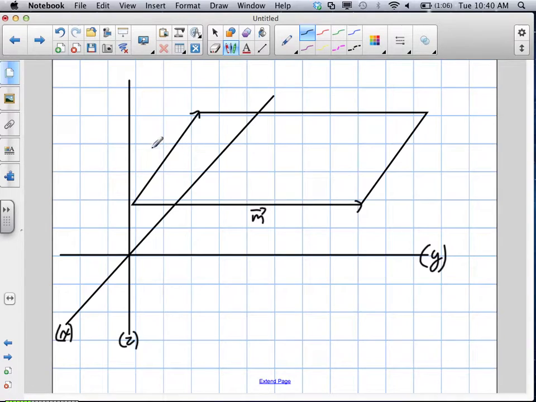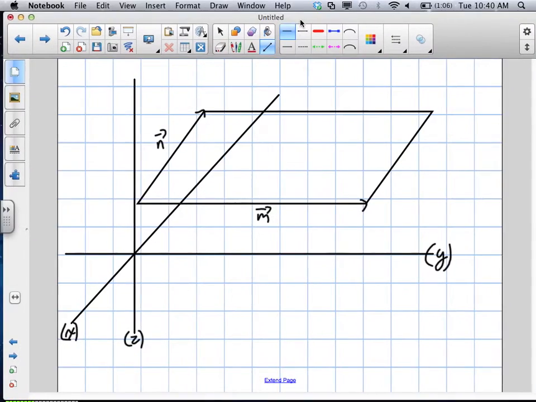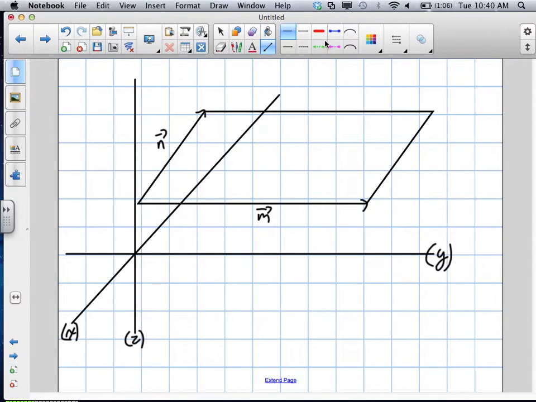Okay? Vector m, vector n. These 2 vectors, any scalar of them can represent any vector or line in this space. Okay? And that's when we were talking about how 2 vectors can represent anything in 2 space.